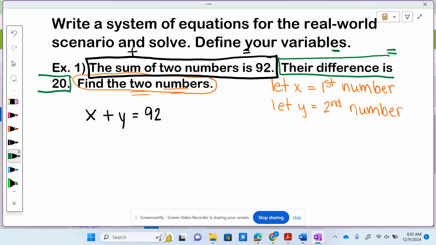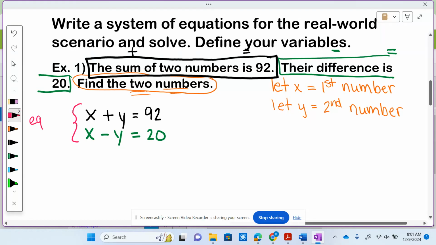We're talking about the two numbers x and y, right? So how do I show that I'm going to take the difference of x and y? x minus y, that's difference, is 20. So those are our two equations. These are the equations for your system.